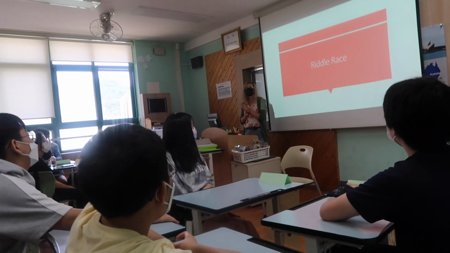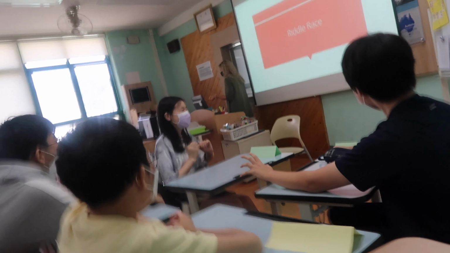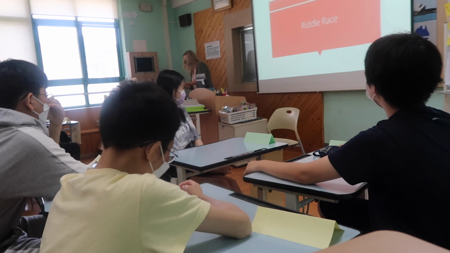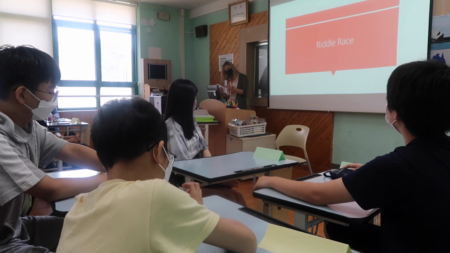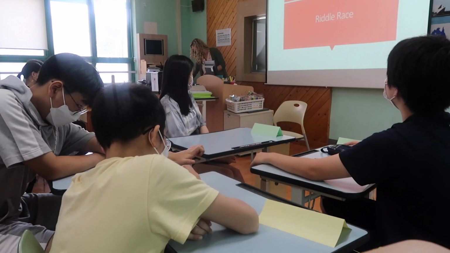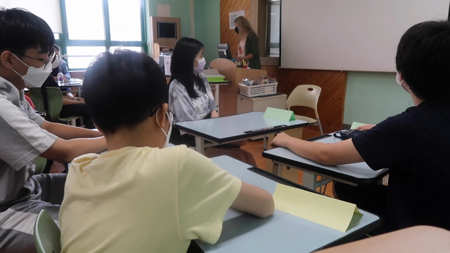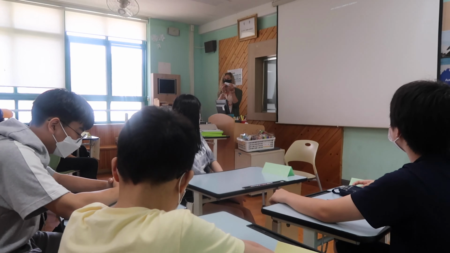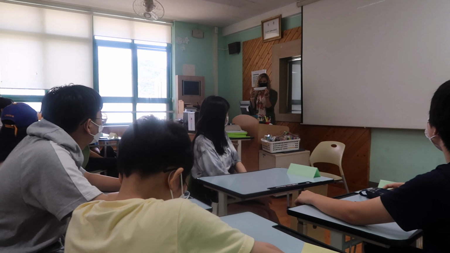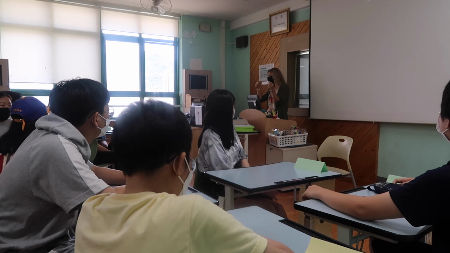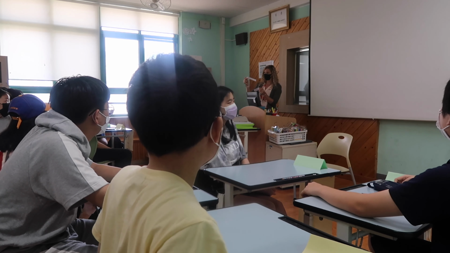All right, so now we will do a riddle race. Okay, you have riddles. There are 15 riddles. Okay, so I will give you one riddle. Write the answer on the paper. If it is correct, I will give you the next riddle.